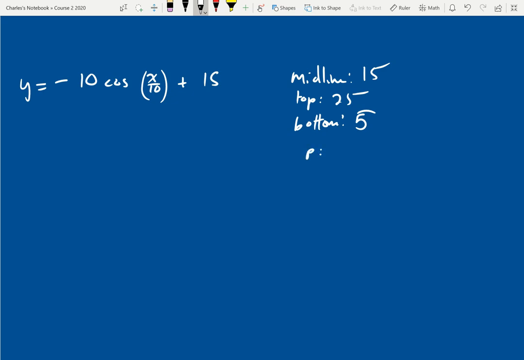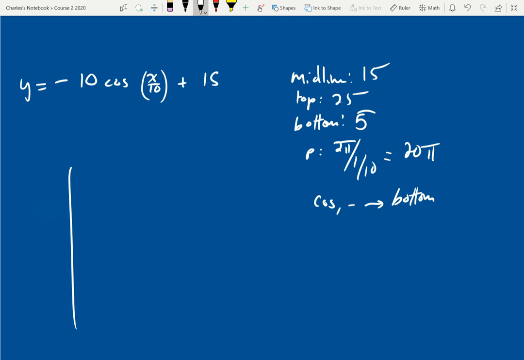Period is going to be 2 pi divided by 1/10, which is 20 pi. Is this going to start at the top, the middle, or the bottom? It's cosine, and it's negative, which means it's going to start at the bottom.